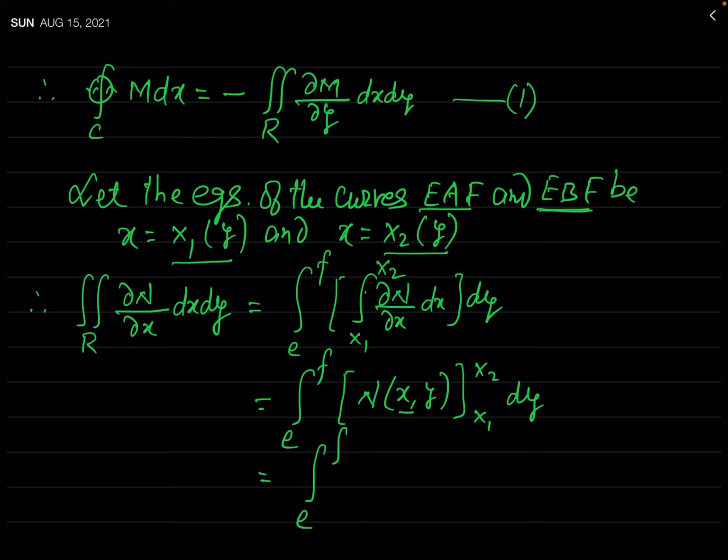This is the integral from e to f of n of X2 comma y minus n of X1 comma y, dy.